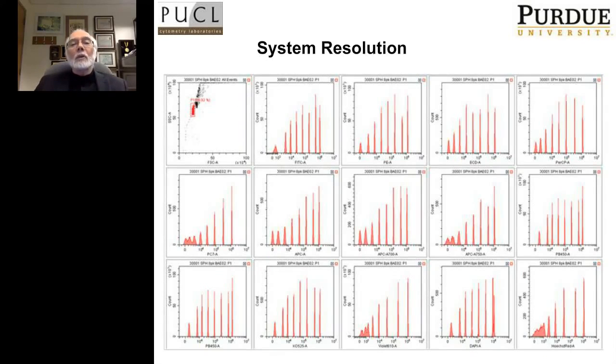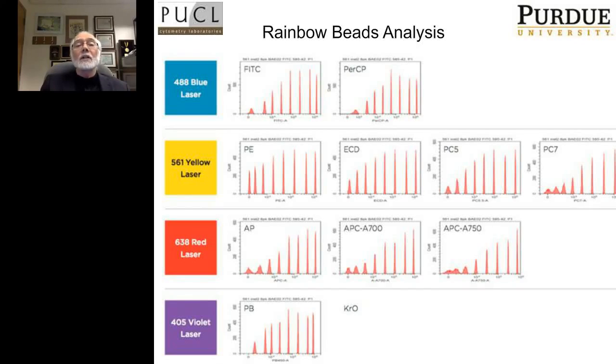But looking at the big picture of this system, taking the rainbow beads, it's pretty clear to me that this system has a great deal of sensitivity and is capable of giving excellent resolution on those beads across every spectral component that we're interested in looking at.